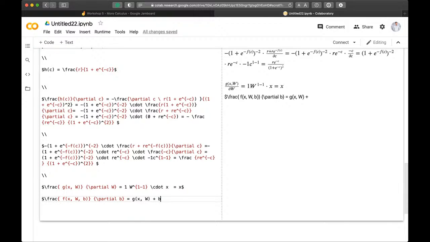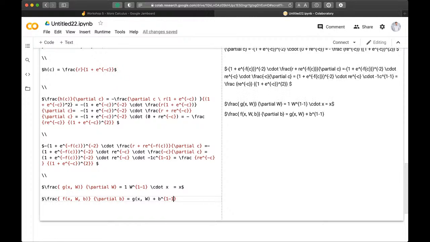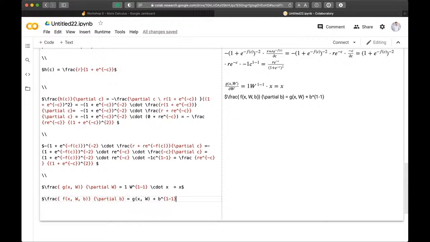So the derivative with respect to b, writing it in a dumb way, is multiplied by minus, of course. So we get 0 plus 1, because the g function is not related in any way to the b.